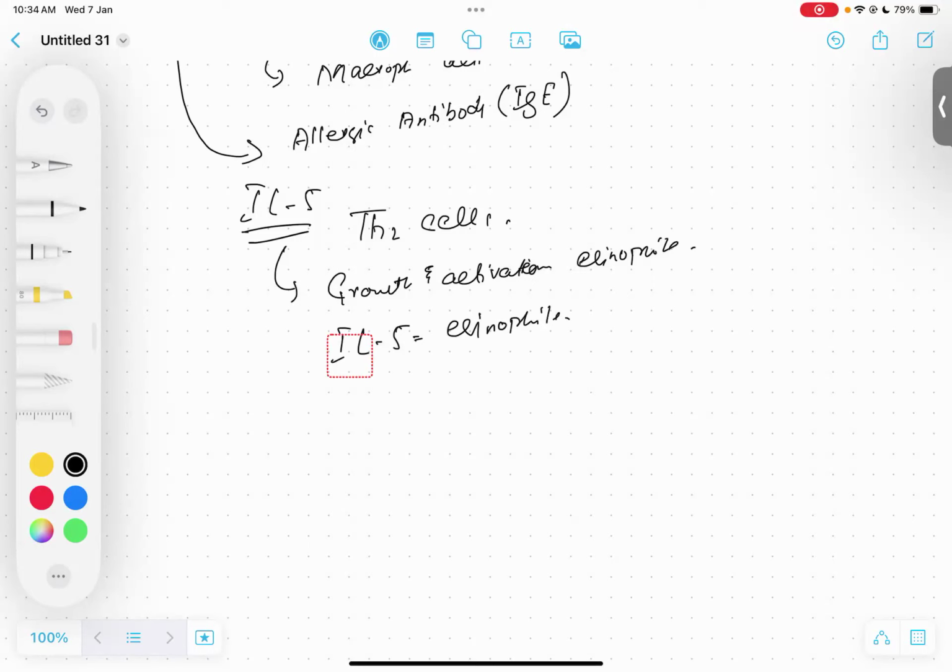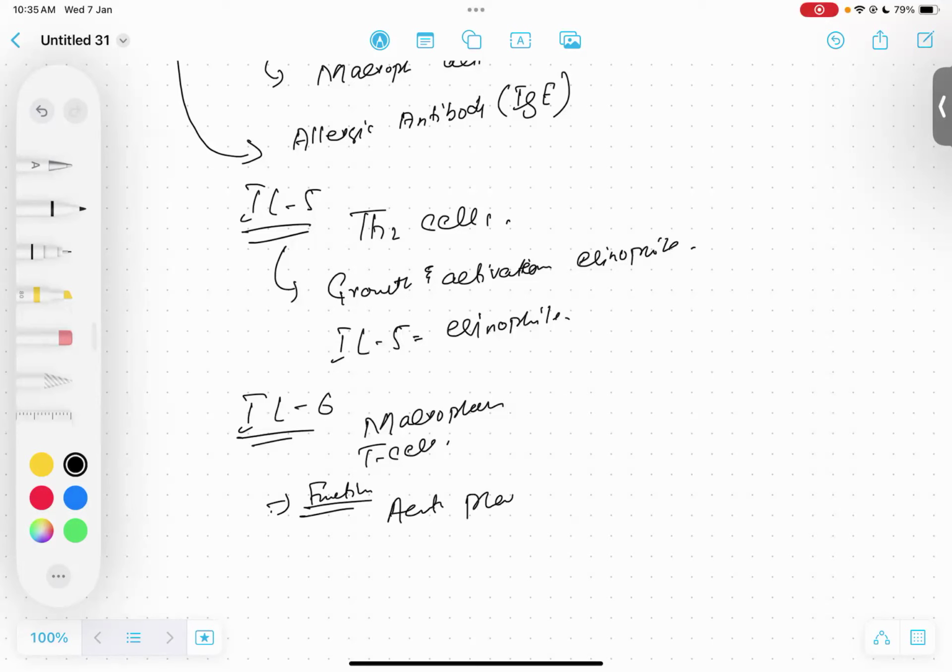The sixth one is interleukin 6. Interleukin 6 usually comes from macrophages and T cells, and its function is to activate the acute phase proteins, most commonly CRP, and fever and B cell differentiation.